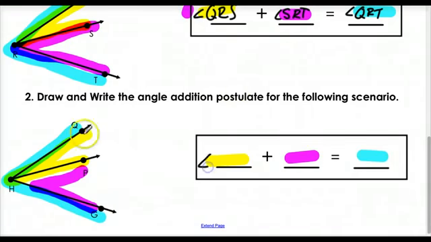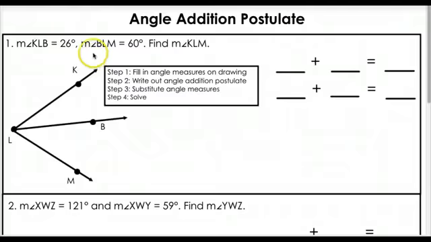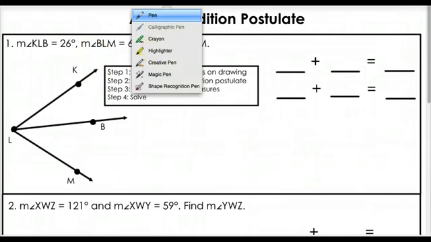So angle QHP plus angle PHG is equal to this bigger angle, QHG.